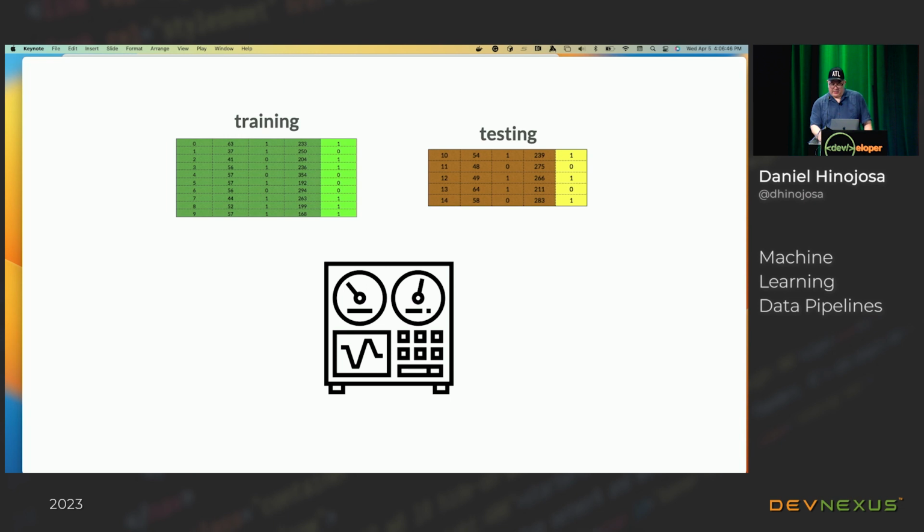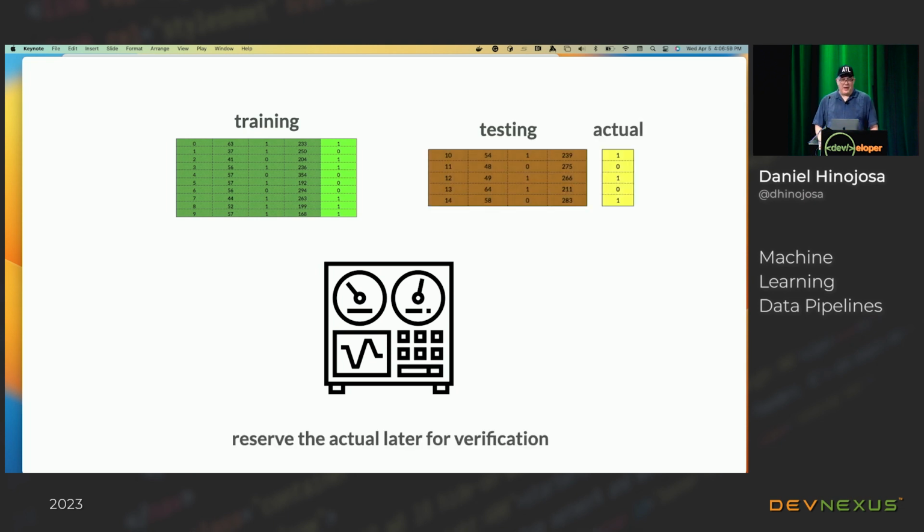The machine learning algorithm is going to take that particular data. We're going to have our model. It is going to take the training data. It's going to feed off of that training data, come up with some certain conclusions. And then what we're going to do is very much like your teacher in school. Let's put this in the back.